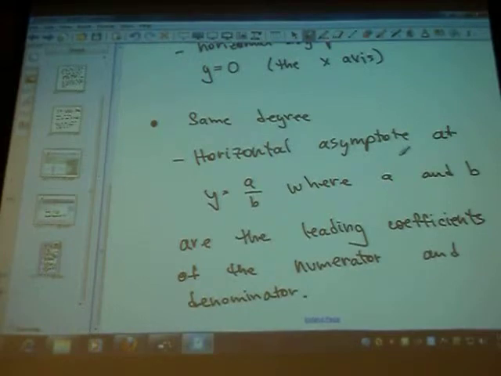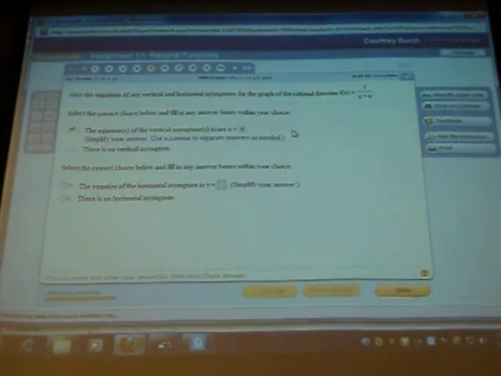Okay, now let's get back to that problem we were working, number 5. And now we can figure out where the horizontal asymptote would be. So what is my case here?